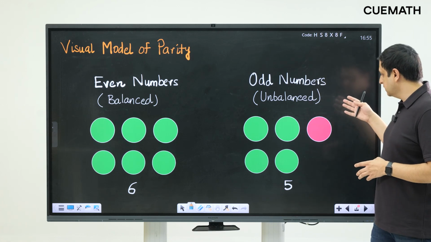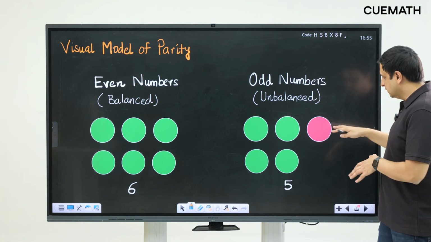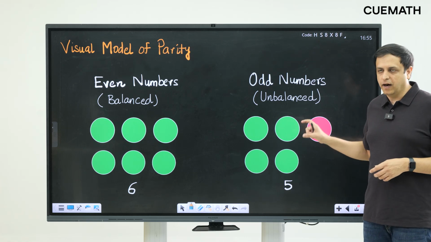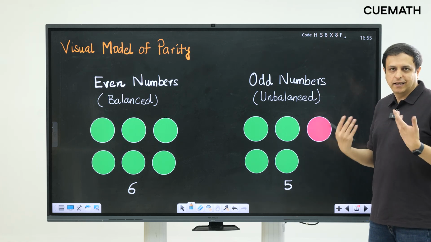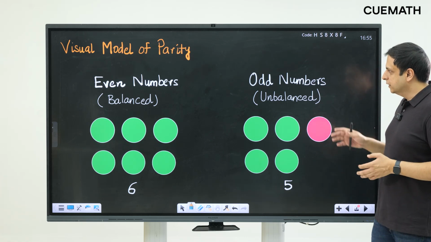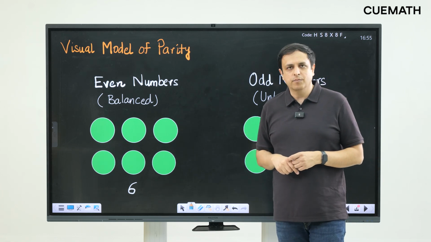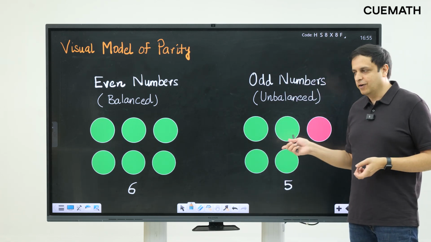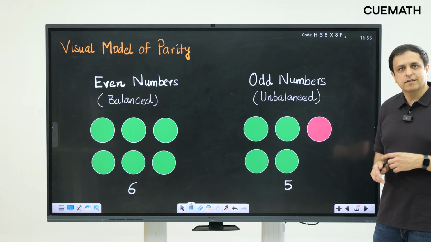But for odd numbers like 5 in this case, the model is unbalanced because you have one additional circle that can't really be balanced, and that's simply because that number is odd. So, every even number will have a balanced model and every odd number will have an unbalanced model of this kind. Now, how does that help us?